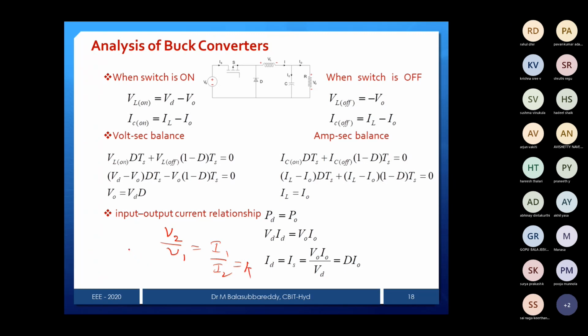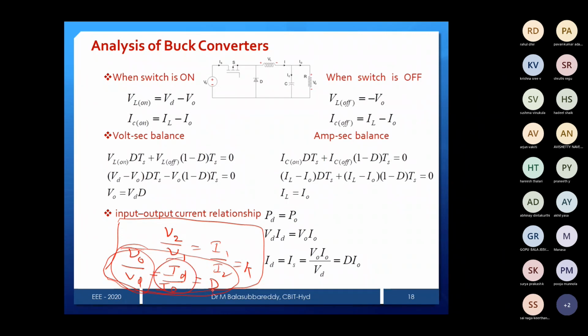Now we can see that V out by VD, I can write, is equal to ID by I out, that is equal to D. That means by seeing this relation, it acts as a DC transformer. See that relation between the output voltage and input voltage and current relations.